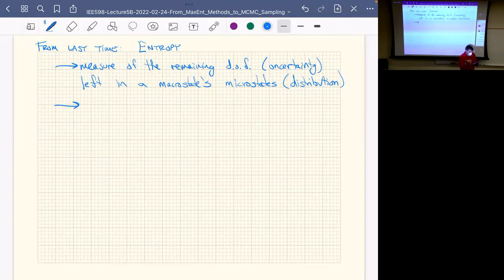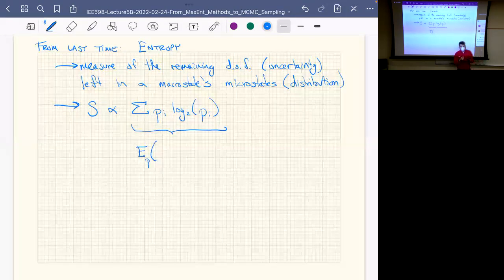So, entropy can be written as proportional to, if we have discrete microstates, the sum of the probability of the microstate times the log, I'll do log base 2, of the probability of the microstate, which is just the expected value for a probability mass function of the log base 2 of all the probabilities of the states.